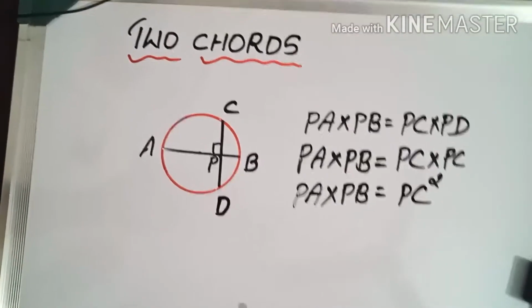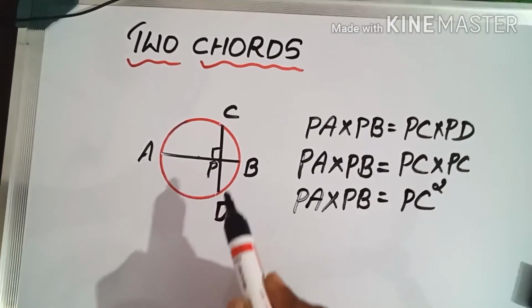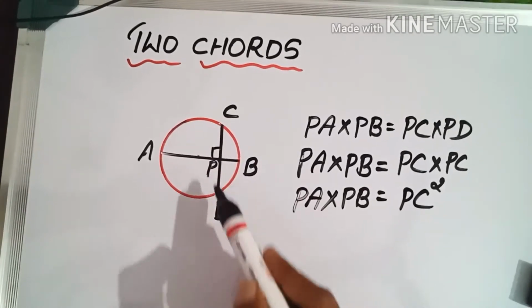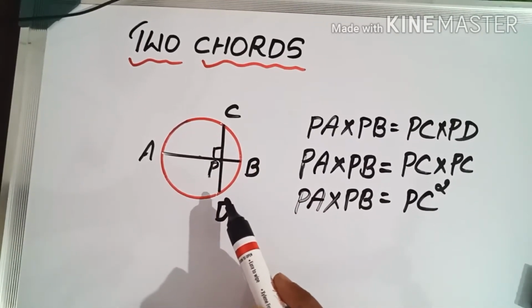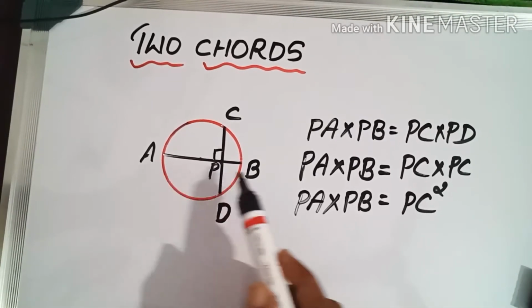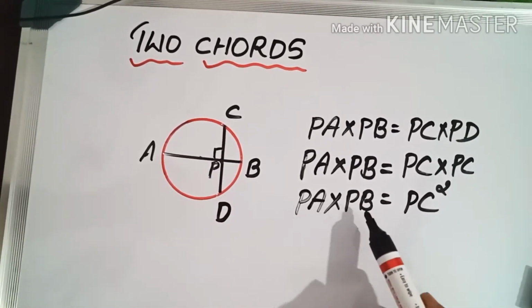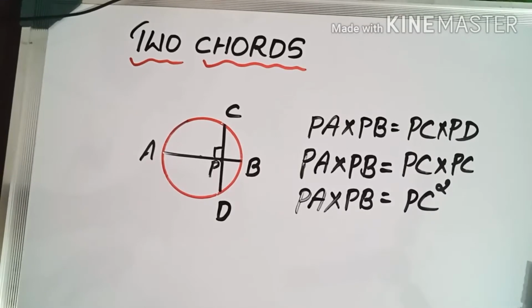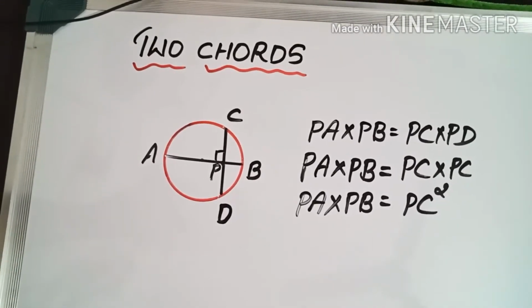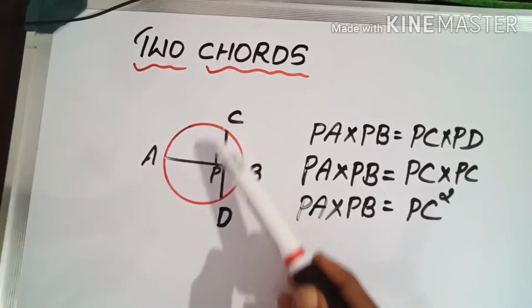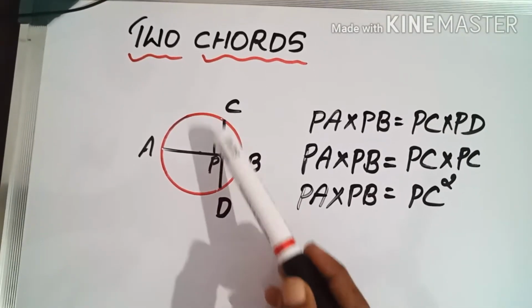So the concept is, if a diameter is cut by a perpendicular chord, then the product of parts of the diameter will be equal to the square of half the chord. That means this chord's half portion is PC.